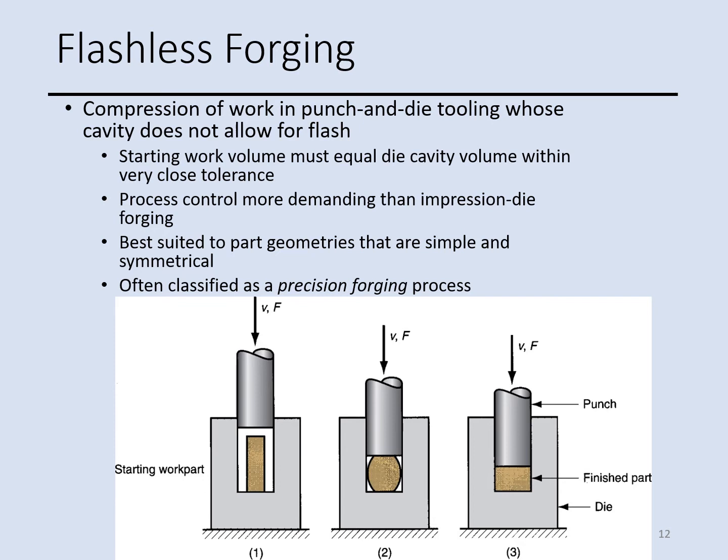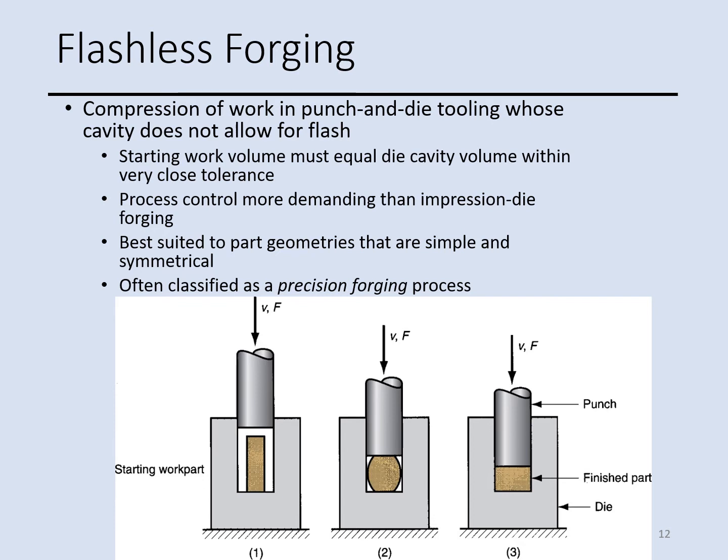And this process is best for simple geometries like symmetrical cylindrical shapes. These are the best parts for a flashless forging operation. It has other names that are used interchangeably.